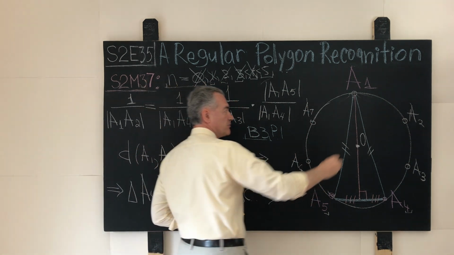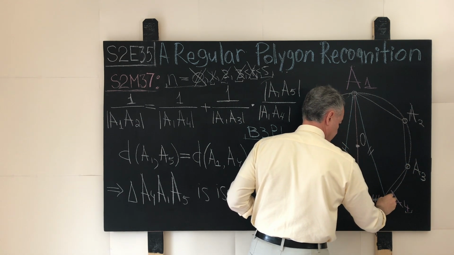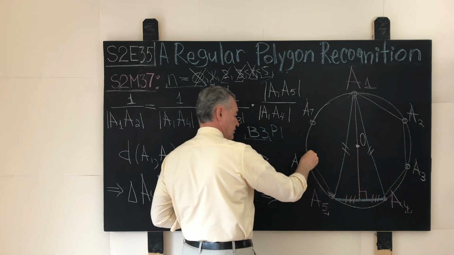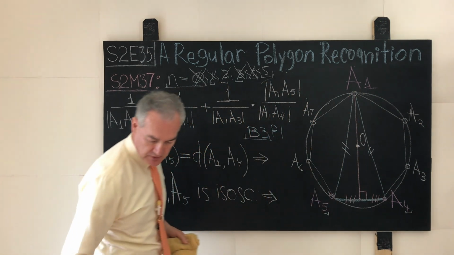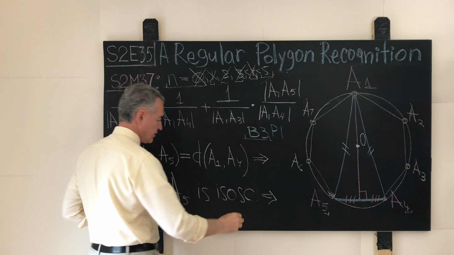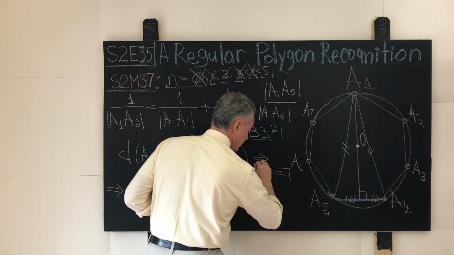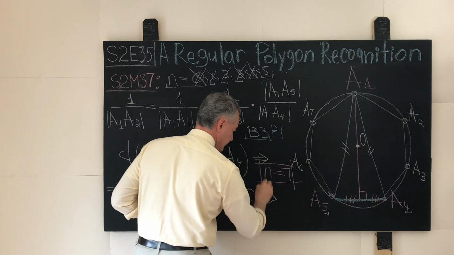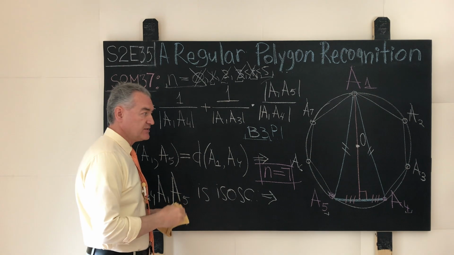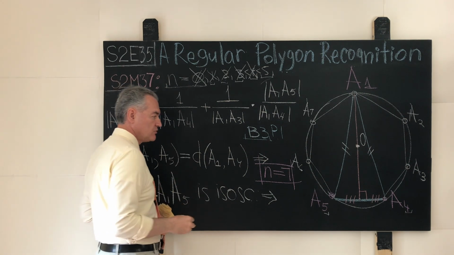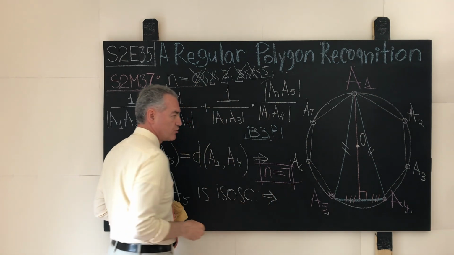And that precisely means that the answer to the problem posed in this episode is, let me write it down in red, n is equal to 7 precisely. That is the answer. n is equal to 7, and the mystery polygon is a regular heptagon, a regular polygon on precisely 7 vertices.